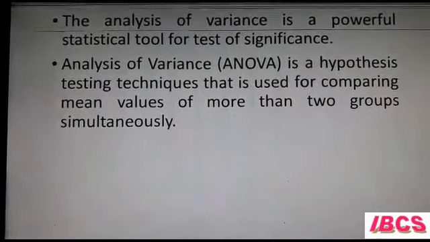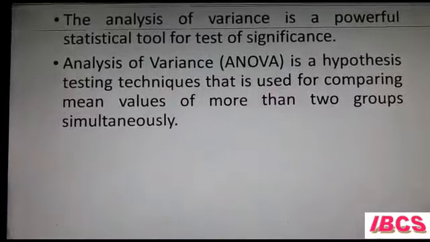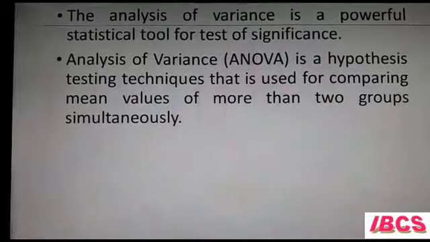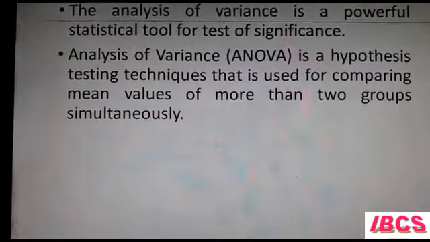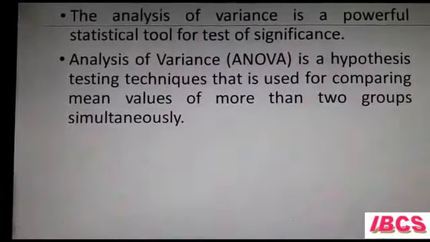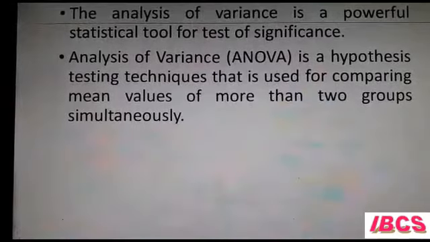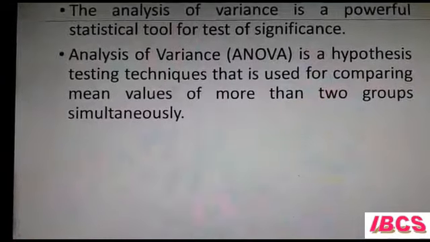The analysis of variance is a powerful statistical tool for test of significance, and ANOVA is a hypothesis testing technique that is used for comparing mean values of more than two groups simultaneously.